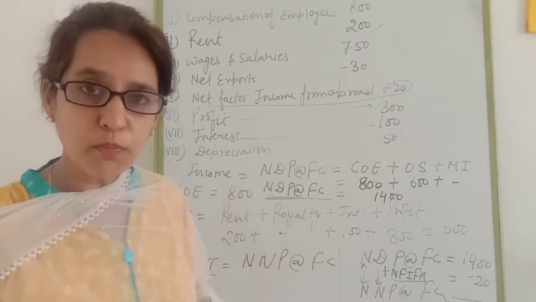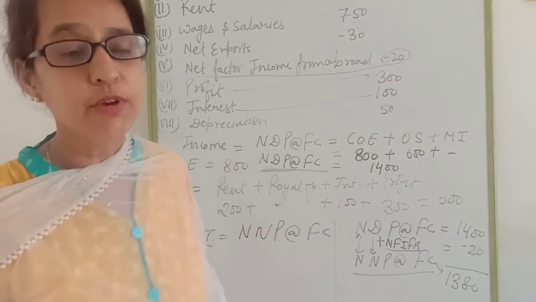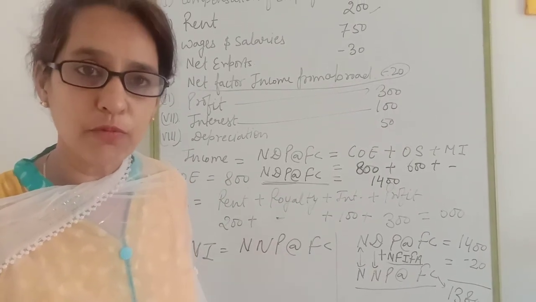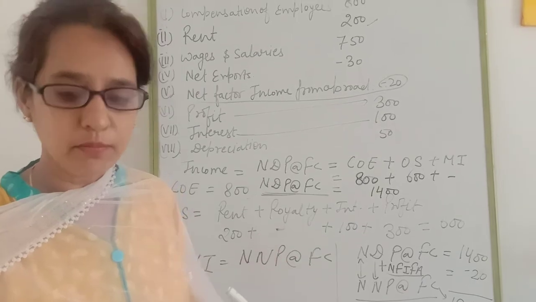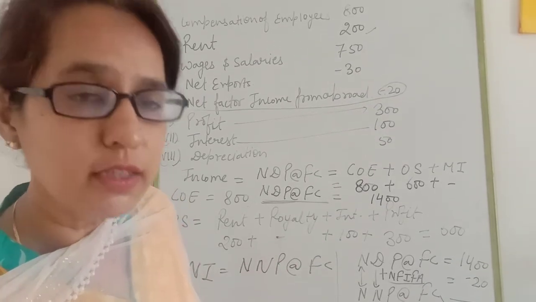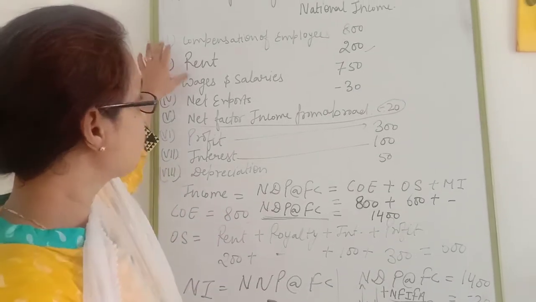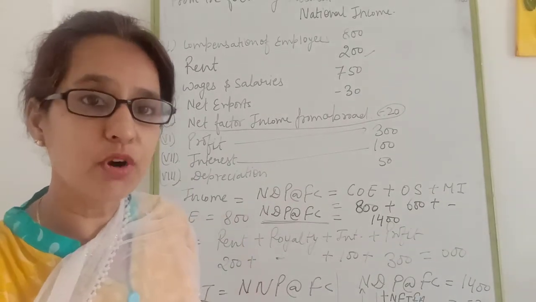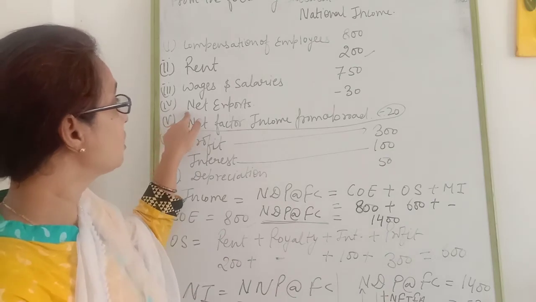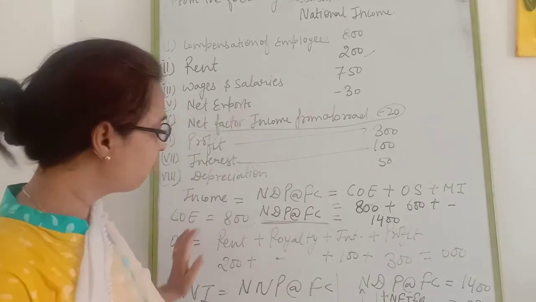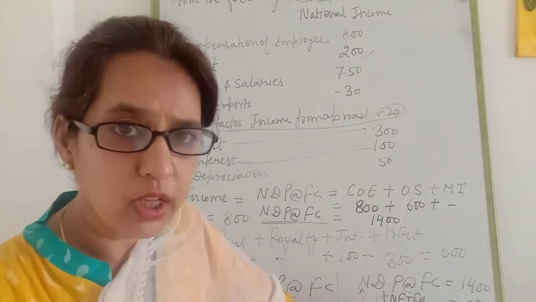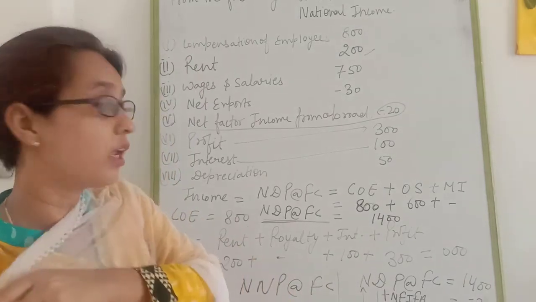Now I will upload a few questions related to the income method. You have to practice. Still, if you are facing any kind of problem, just let me know so that I can solve it. I want to tell you one thing: if extra information is given in the question, suppose net export is given but we have not required net export in this question, then no need to do anything.